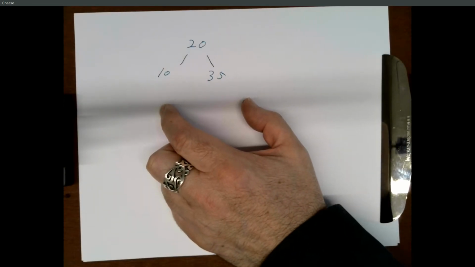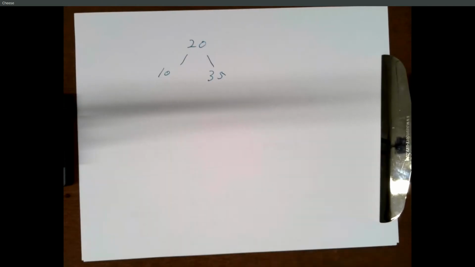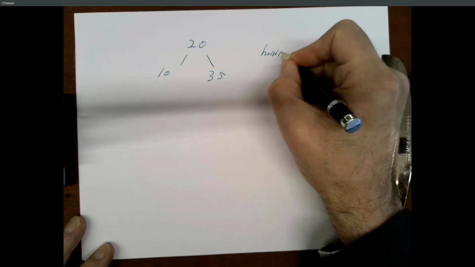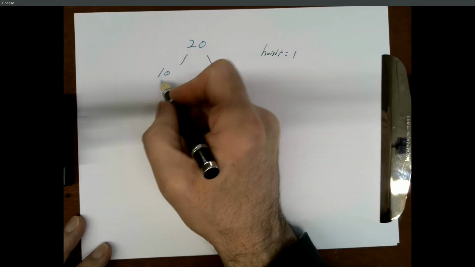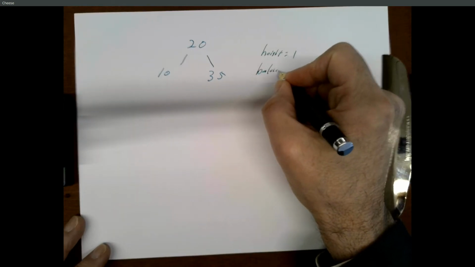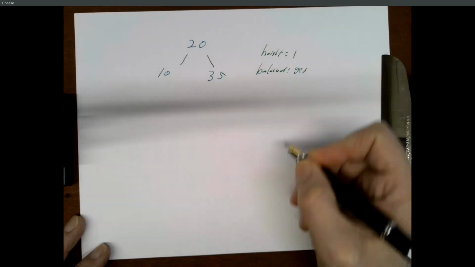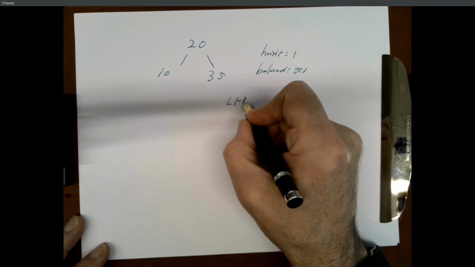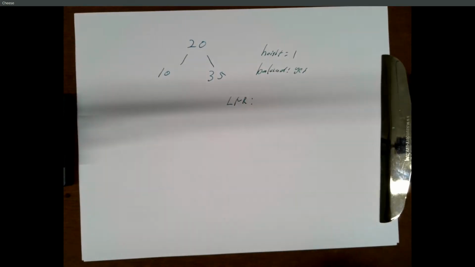And now when I say star dump, I should get the different traversal orders of this. So the height is going to be 1, because it's one hop to the deepest nodes. This will be balanced. We'll talk about balance in a little bit. But let's look at the traversals. The in-order traversal should give you your data in alphabetical order.